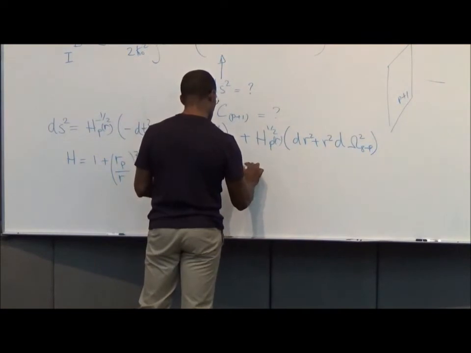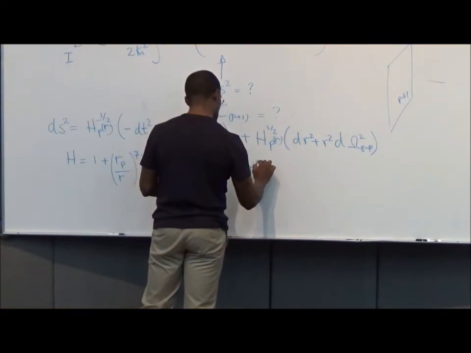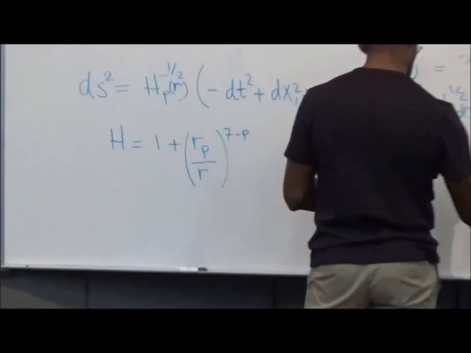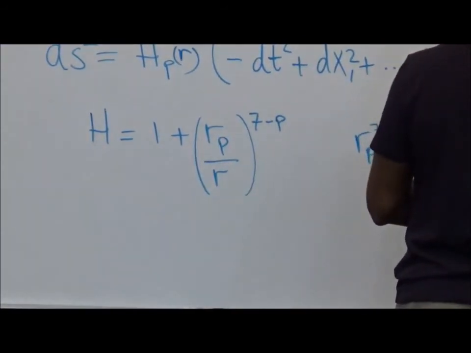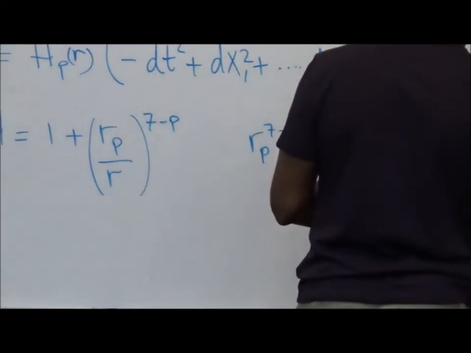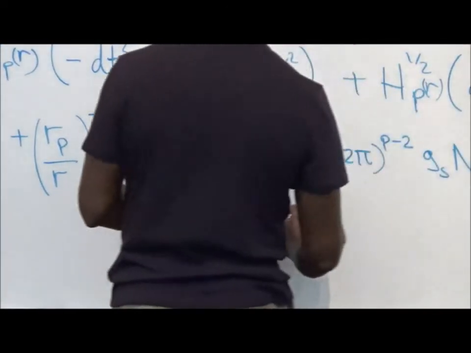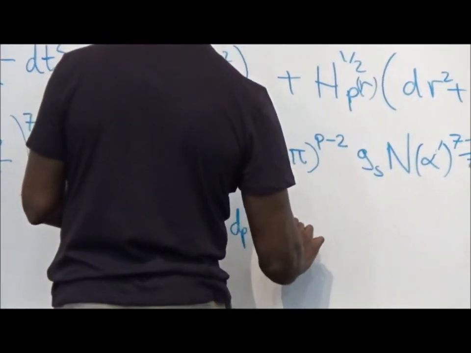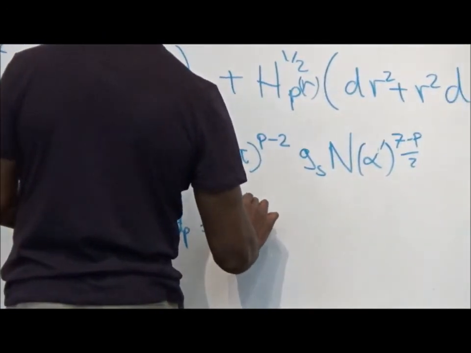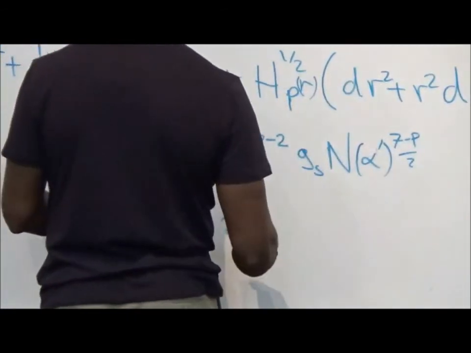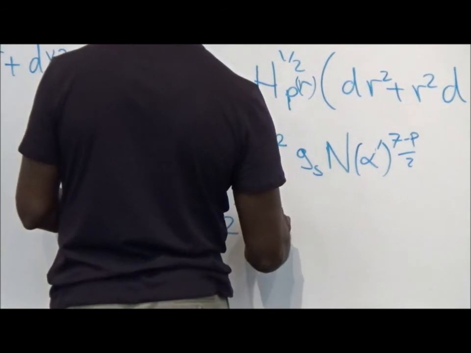And so if you work it out, there's some numbers, and because you might need it for other classes, let me actually write it out explicitly. And then essentially a lot of the factors of pi and 2 just come from the fact that I need to remember what the volume of a surface area of an 8 minus p dimensional sphere is.